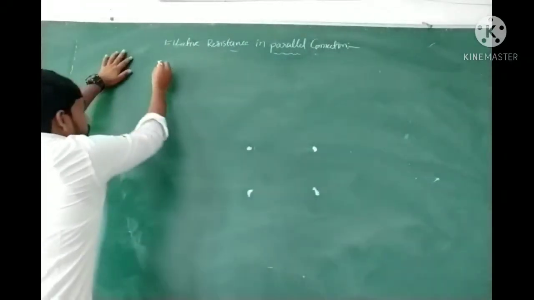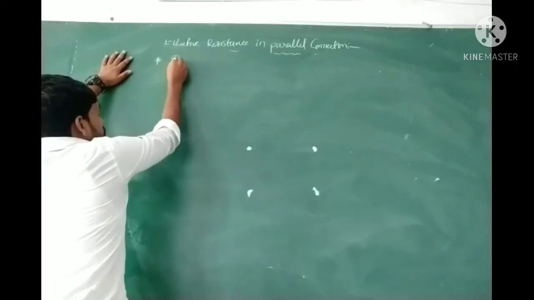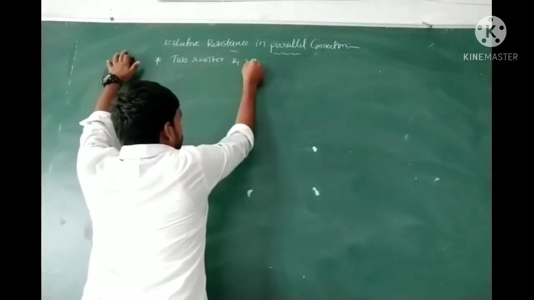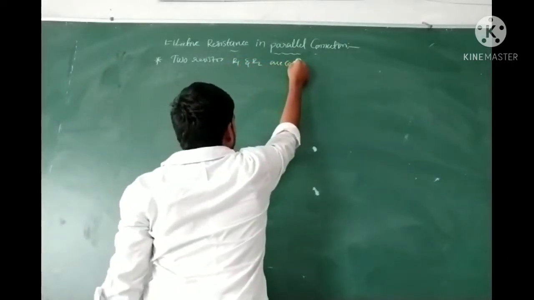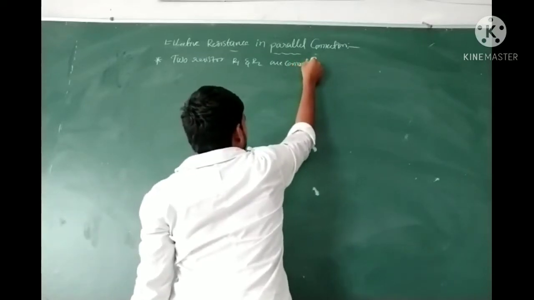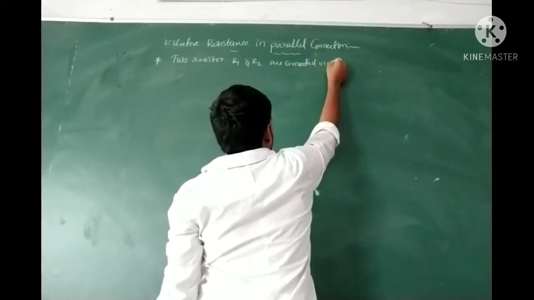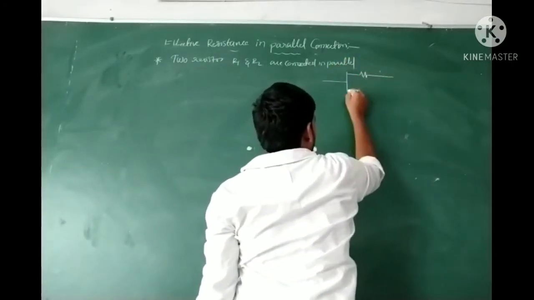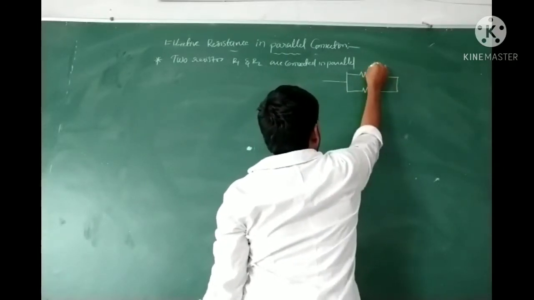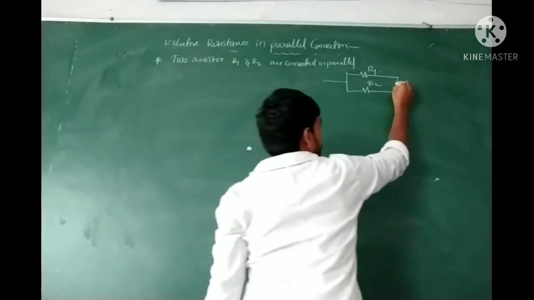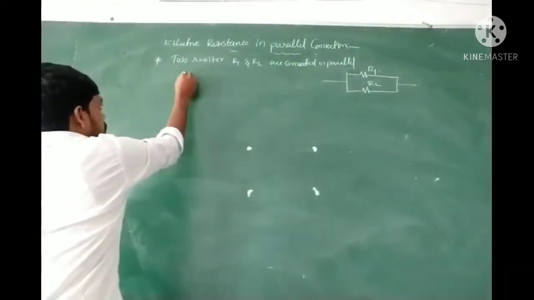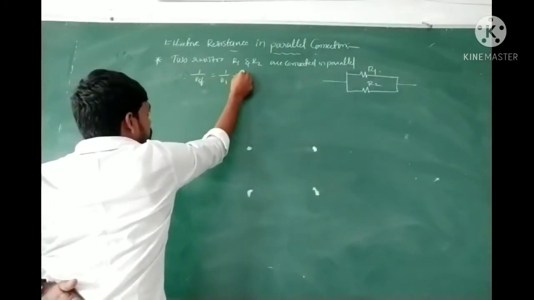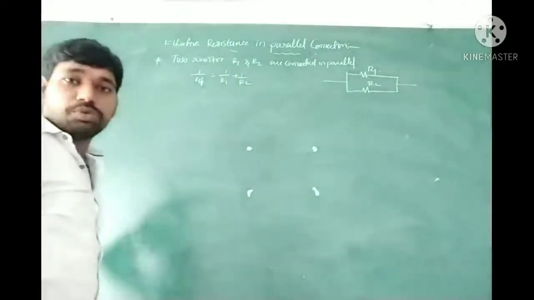If two resistors R1 and R2 are connected in parallel, then the effective resistance R effective is the sum of the reciprocals: 1 by R effective is equal to 1 by R1 plus 1 by R2, the sum of the reciprocals of each resistor.